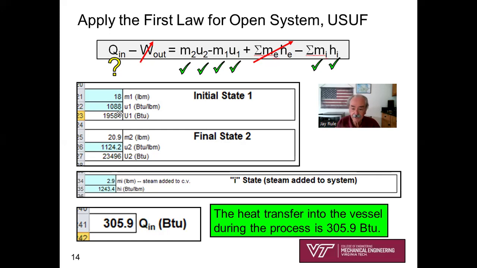It is plug and chug in our solution. You can see I've written down all of those variables, all of those numbers we found. Turn the crank on your calculator to get Q in equals 305.9 BTUs. And so I've written out in a sentence, the heat transfer into the vessel, because it's a positive number, the heat transfer into the vessel from the surroundings during the process is 305.9 BTUs.